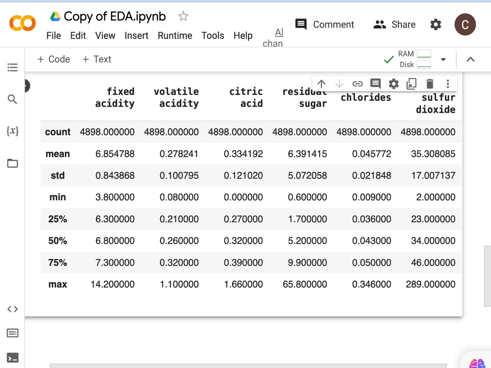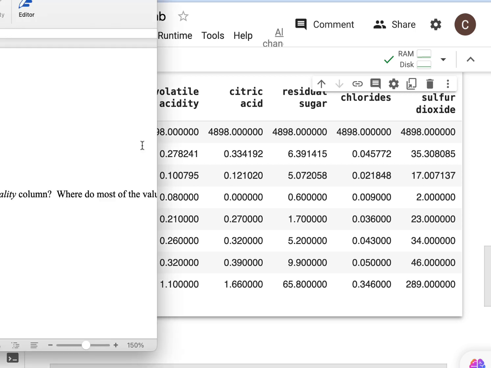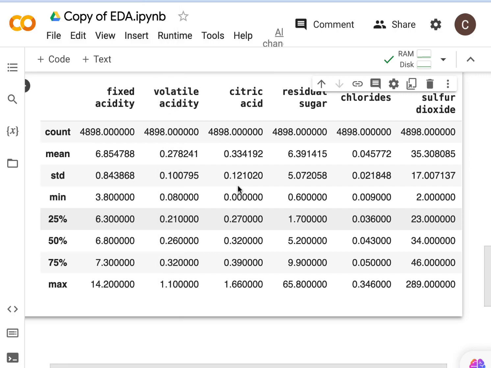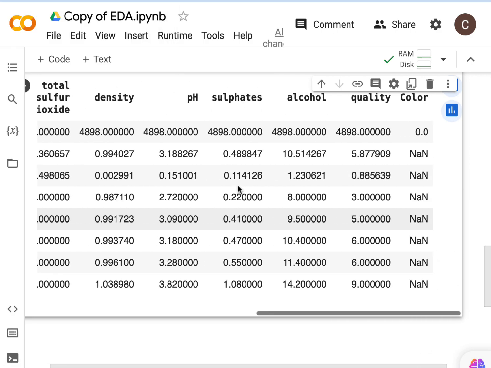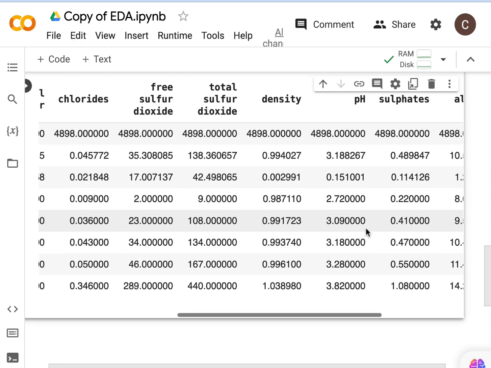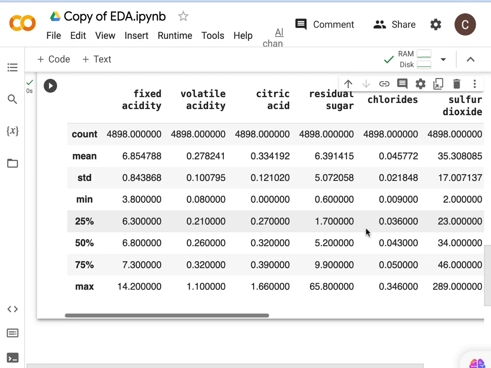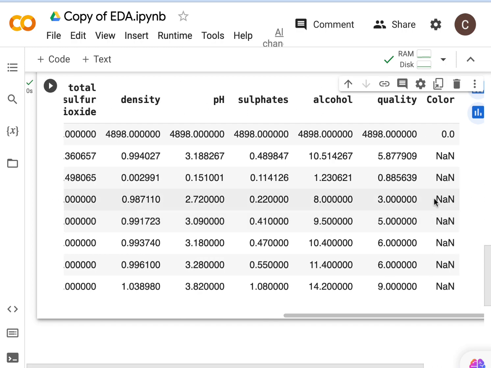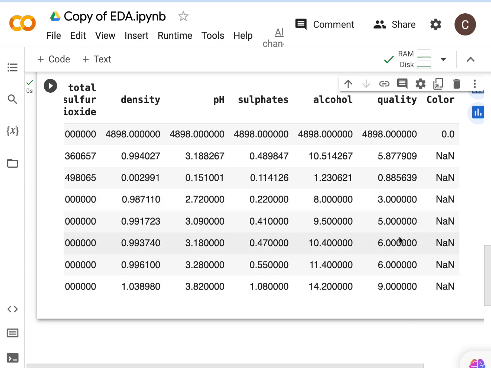Okay, you're then asked for the range of values in the quality column, and where most of the values lie. Well, when we look at the 5-number summary here, we can see that for quality, the minimum is 3, the maximum is 9, and 50% of the values are between 5 and 6.